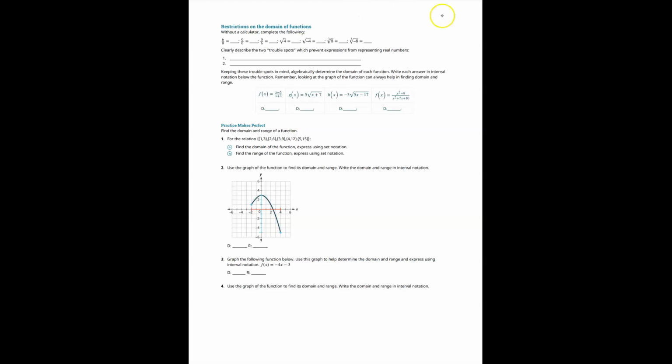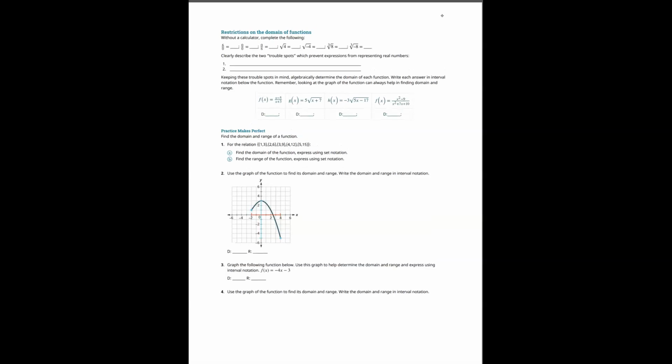First of all, you look for all real numbers, and then you look for x's in the denominator. So first restriction, and the other one is x's under an even root.